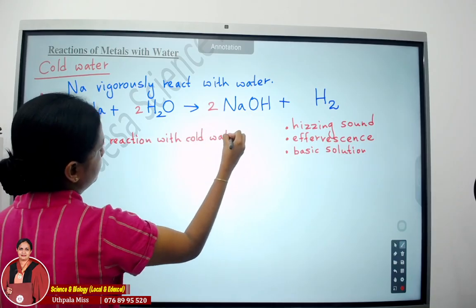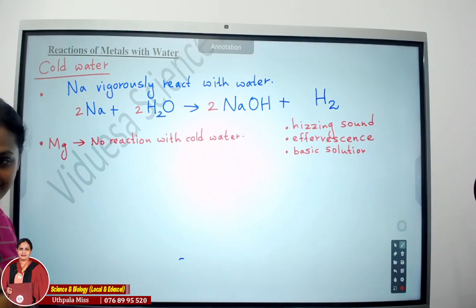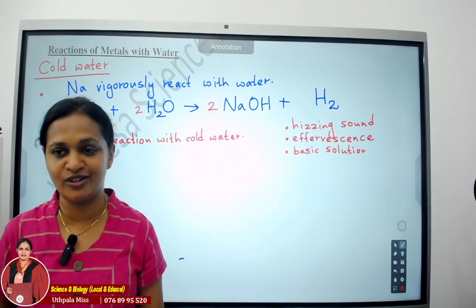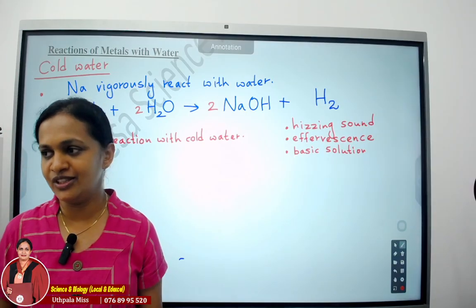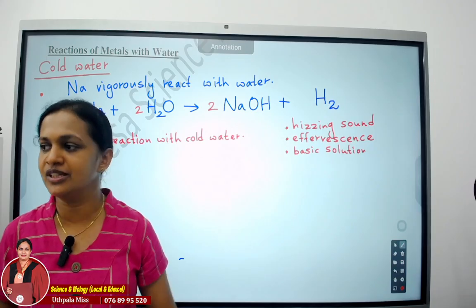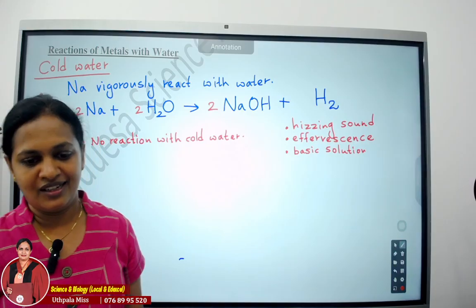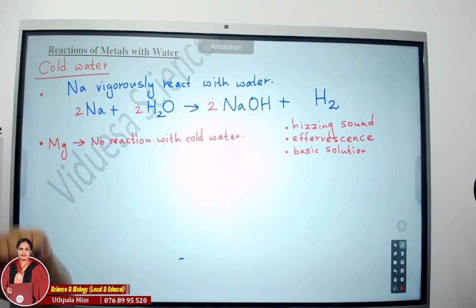If sodium reacts with cold water, it should definitely react with hot water even more vigorously. With hot water, it will explode. Then magnesium reacts with hot water.